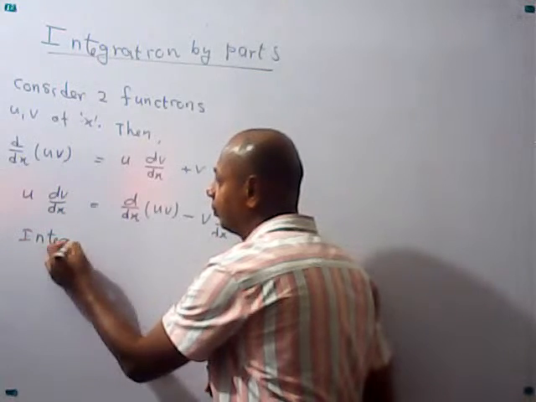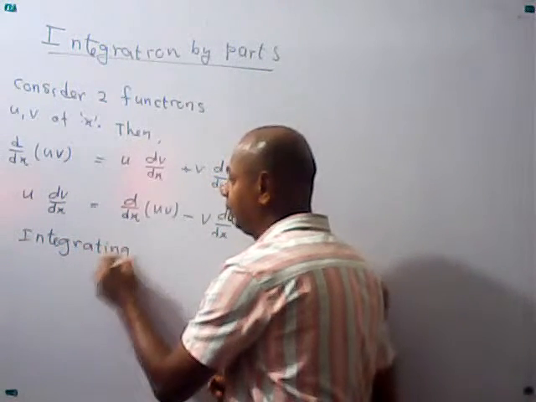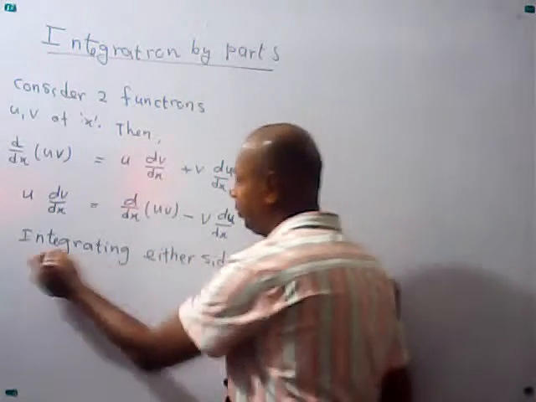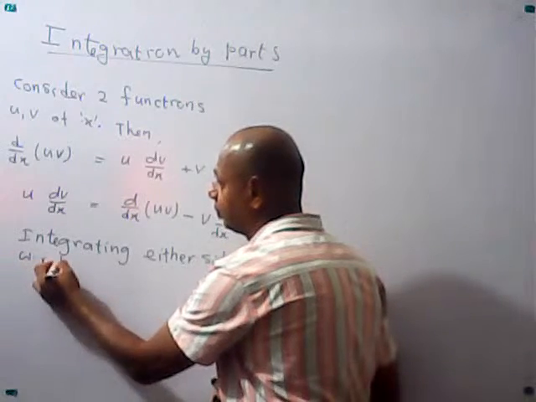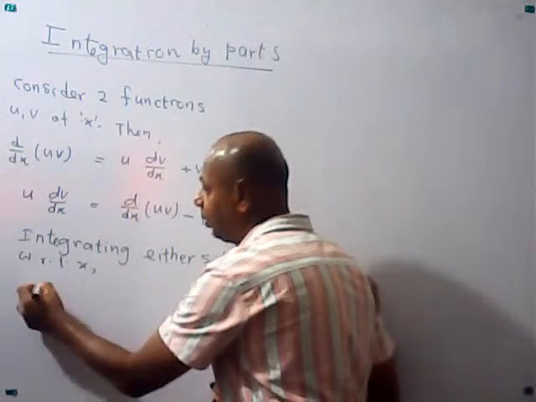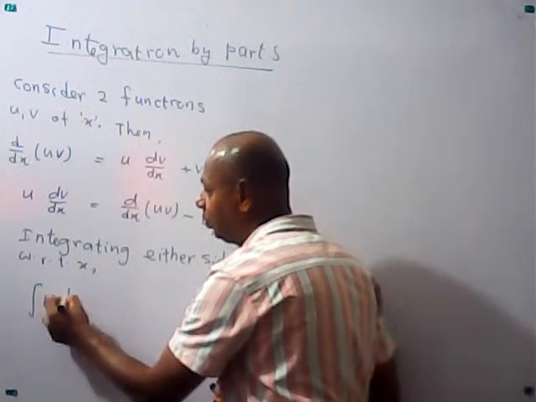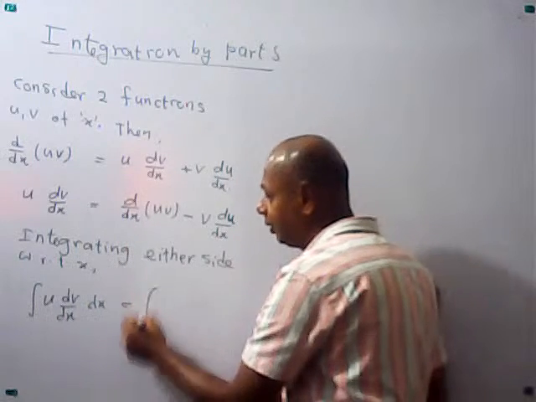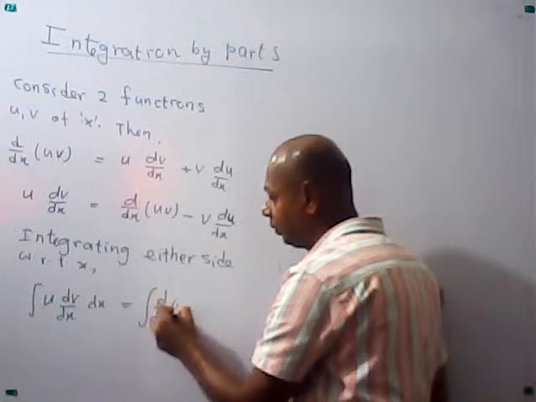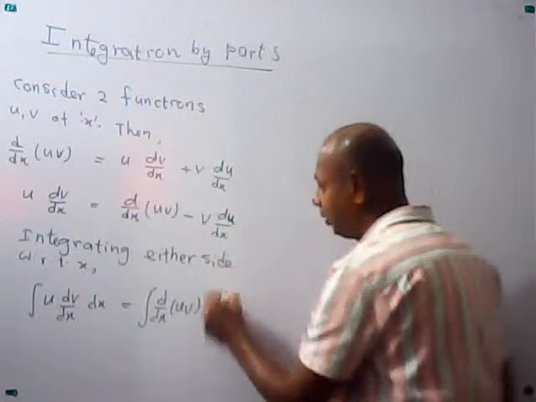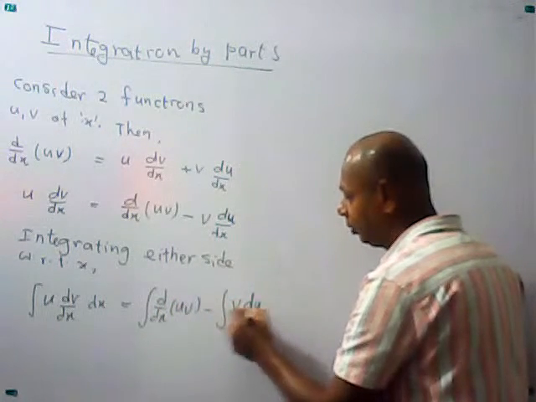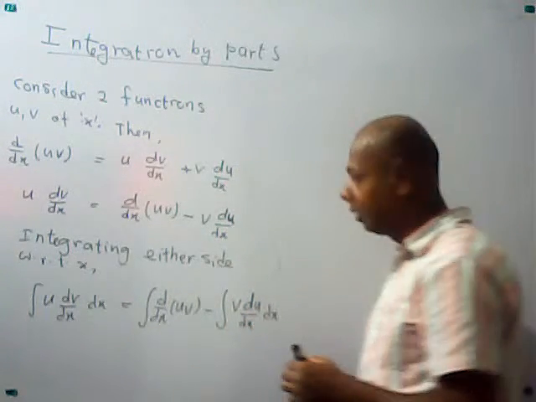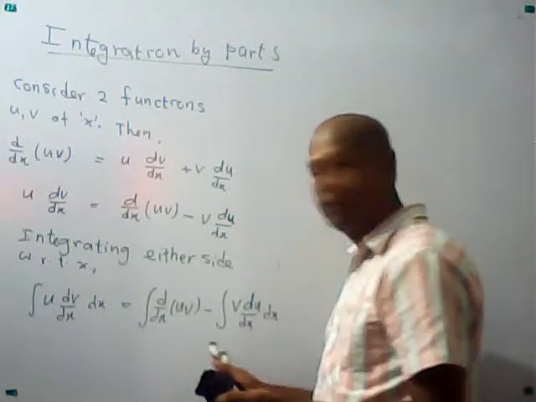Integrating either side with respect to x, you get integral of the left hand side u dv by dx dx equals integral of d by dx of uv dx minus integral of v du by dx dx. Right?